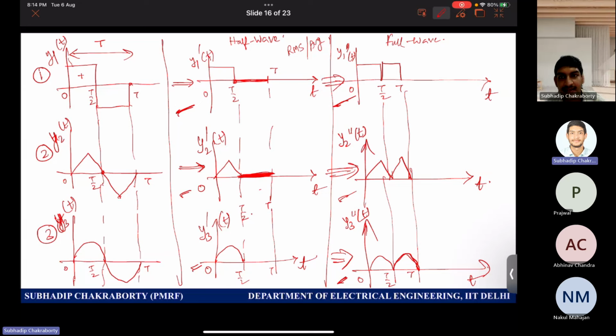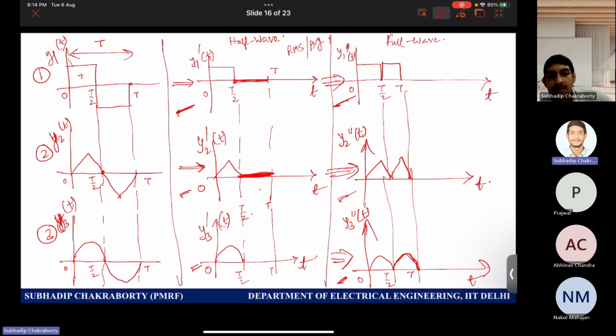So it is the area under the curve of the signal, the time varying signal, over one time period, right? For any signal, you calculate the area under the curve for one time period and divide it, or mean it, over one time period. Then you get the average value of that signal for that particular time period. Agreed?